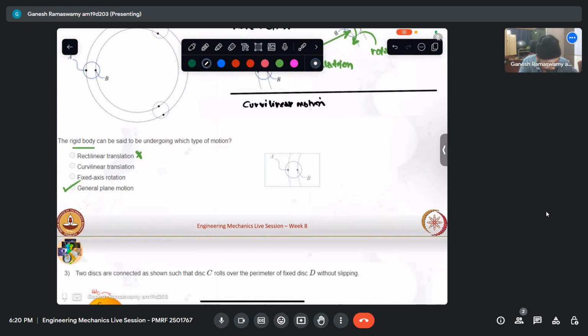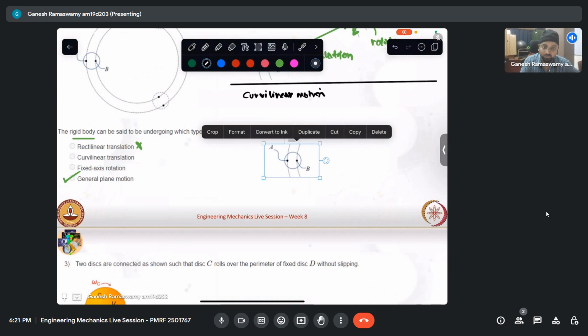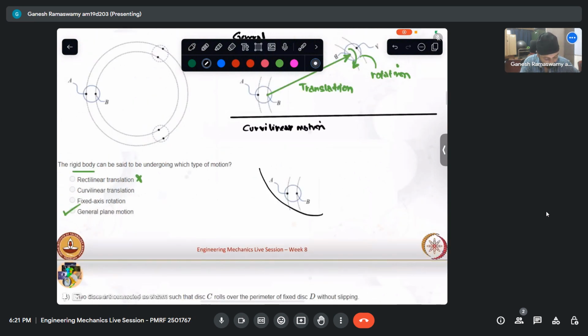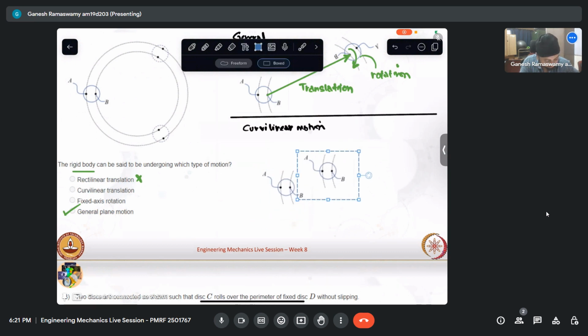This is at time t equal to t naught. Now at time t equal to t1, it would have gone there like that, because we are saying it is having only a translation.